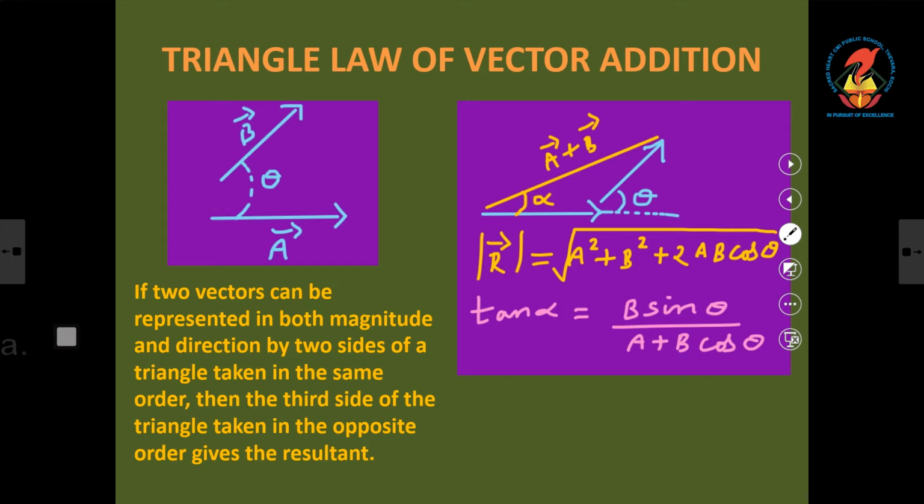This is vector A. I have just shown the vector like this, and this is vector B, and the angle between the two vectors is theta. Because they are in different directions, the angle between them is theta.